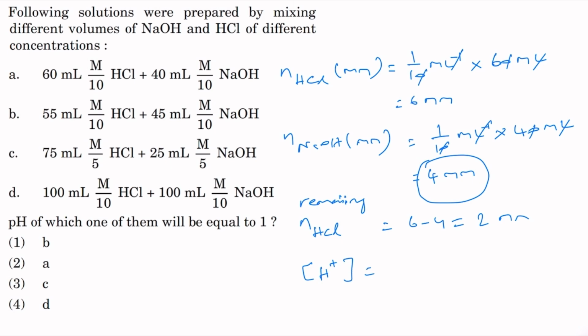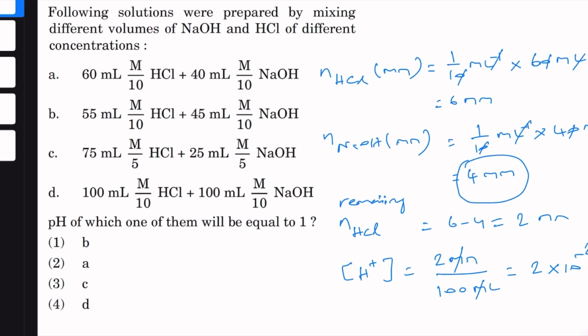The net volume here is 100 ml for the solution, therefore 2 millimoles divided by 100 milliliter. This is equal to 2 times 10 to the power minus 2 mole per liter. This will not give pH equal to 1. Therefore let us not do the calculation.